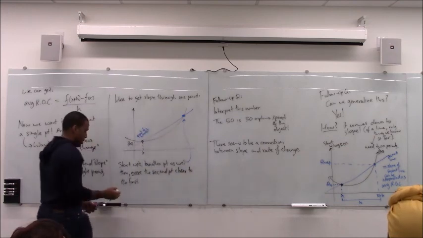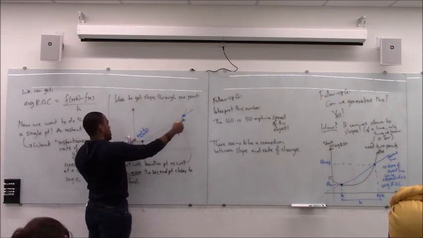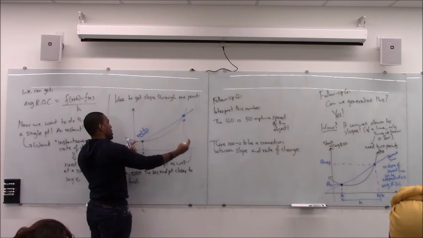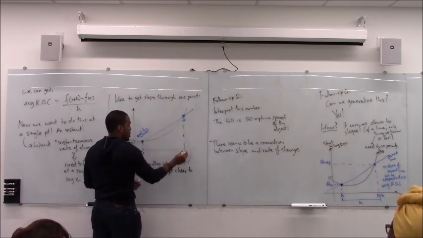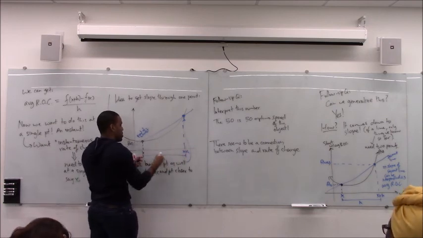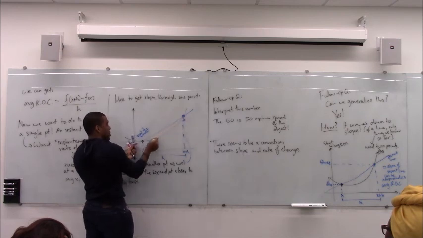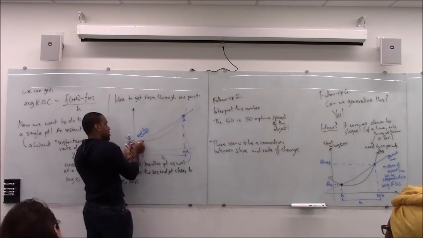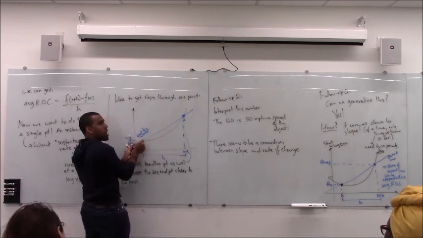So here's the idea that we want to get to happen. I care about this point, I need 2 points. The idea here is actually close this window. If this point occurs at x plus h, actually close the distance h between these two. So I want to take this point and I want to move it closer and closer to that point until I'm in a scenario where it's like these 2 points are right beside each other.